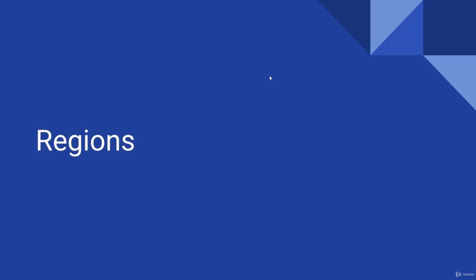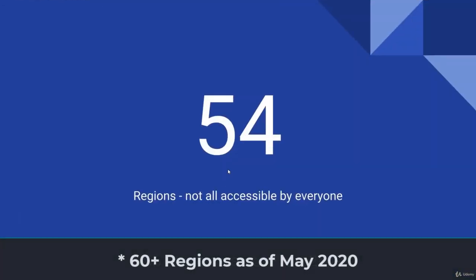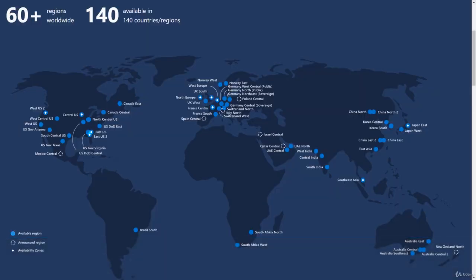Now, one important benefit of using the cloud is how geographically diverse a place like Microsoft Azure is. There are currently 54 regions where you can get computing services. I'll put up a map here. We can see that it's basically almost every continent except for Antarctica, but you've got Canada, United States, and Brazil.